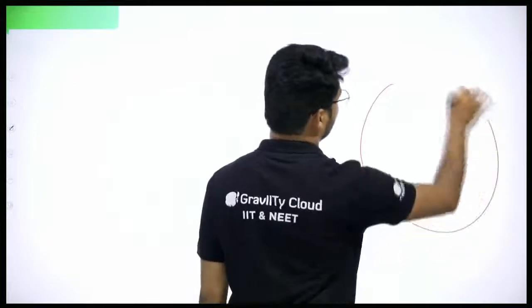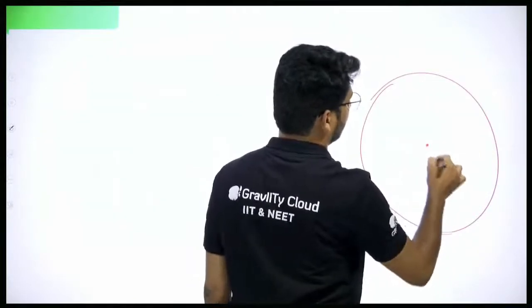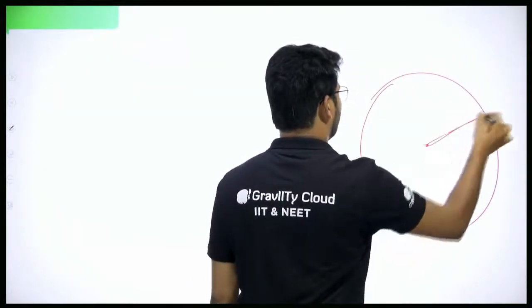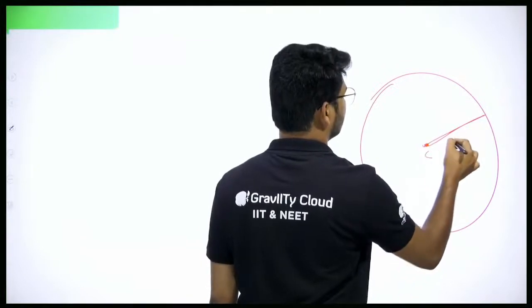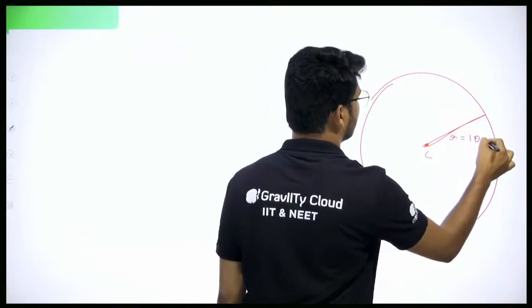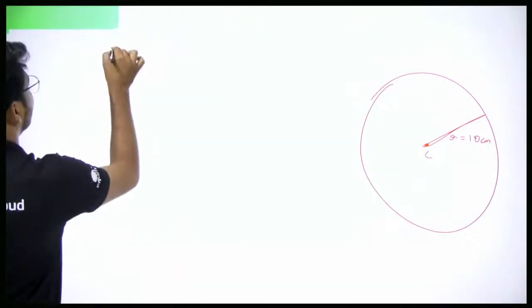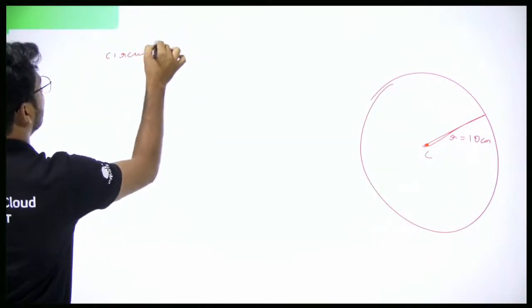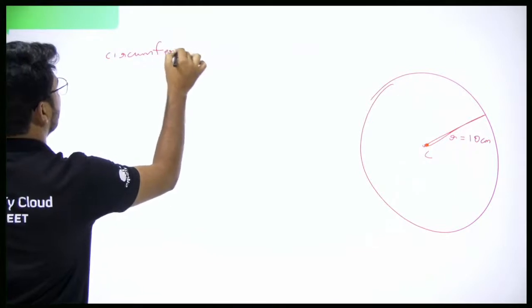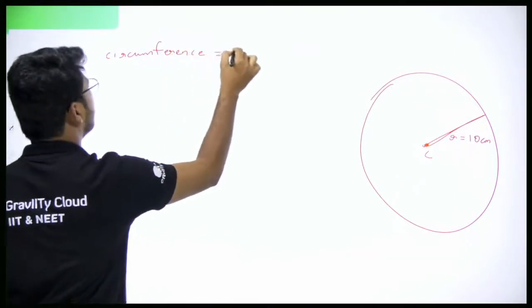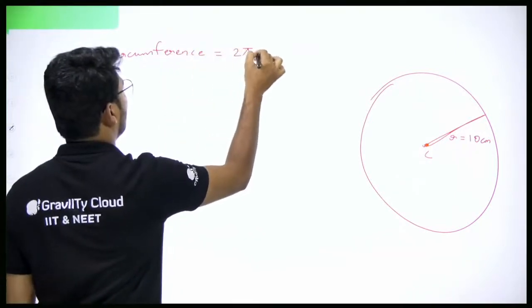So if I take a circle of, let's say, radius 10 centimeter, what will the circumference be? The formula, everyone, is 2 pi r.